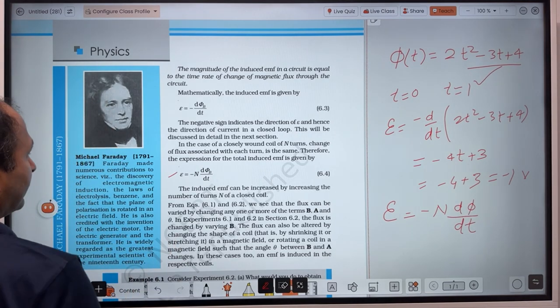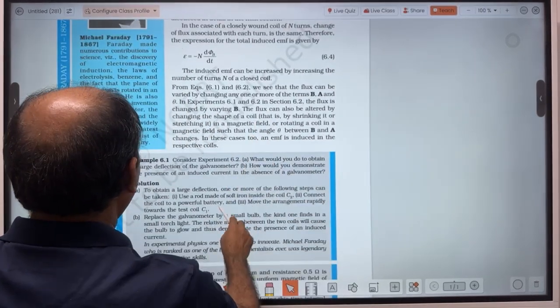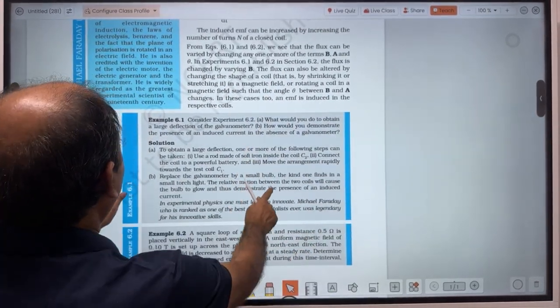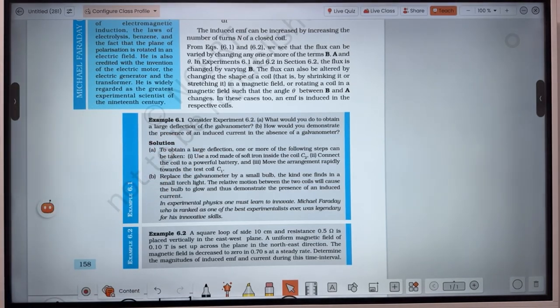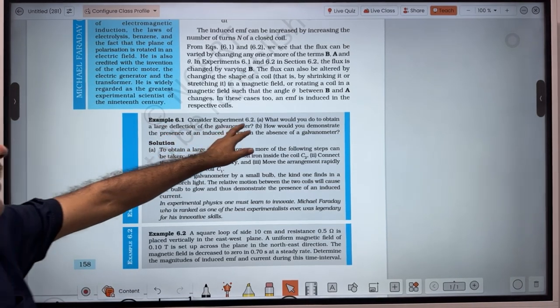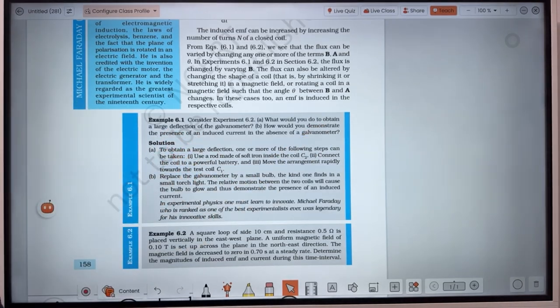Now here there is one question. Consider the experiment 6.2a. What would you do to obtain a large deflection of the galvanometer? How would you demonstrate the presence of an induced current in the absence of a galvanometer?